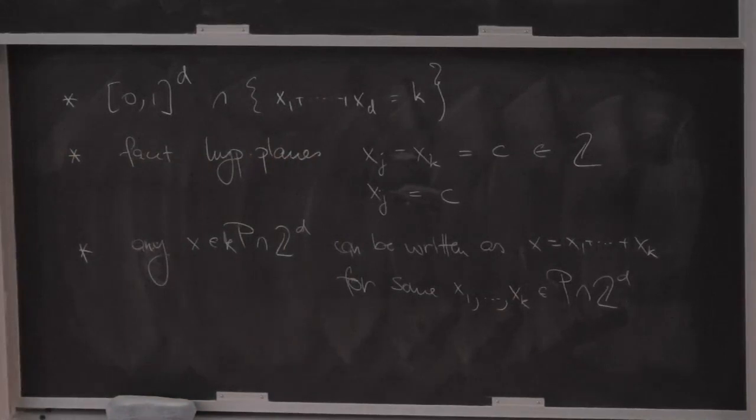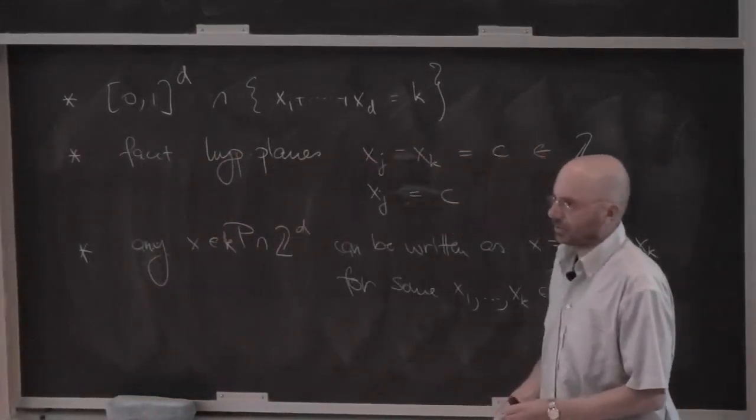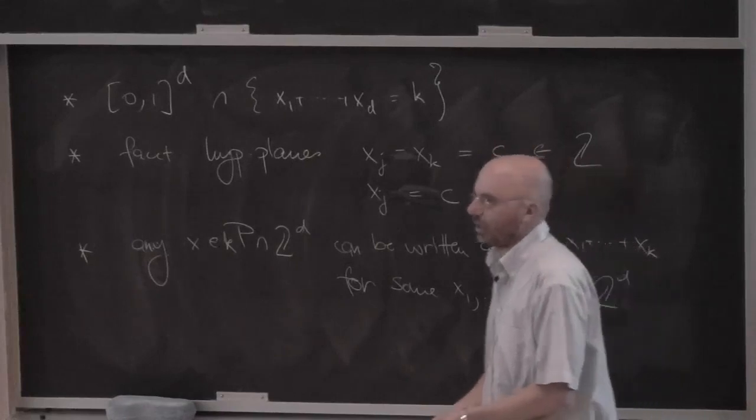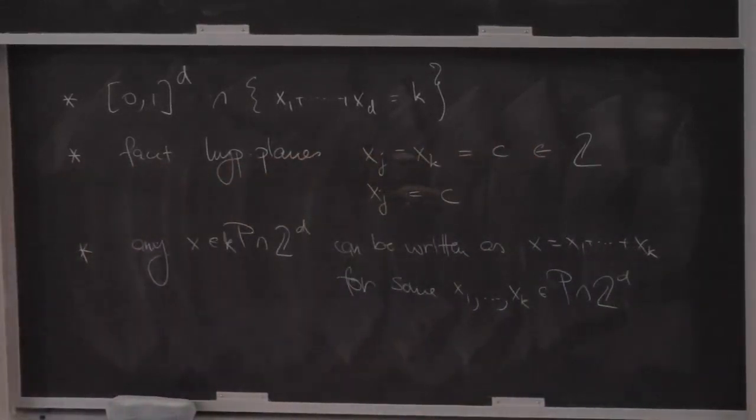So for example, you can realize that the unit cube satisfies this. If you take k times the unit cube, give me any integer point in there, I can write it as a sum of k points.